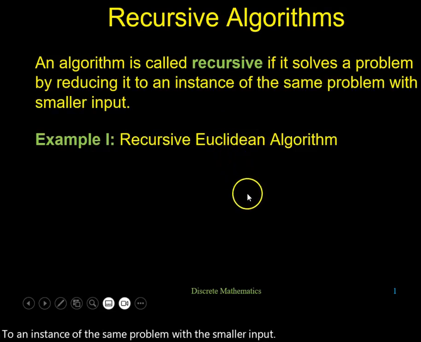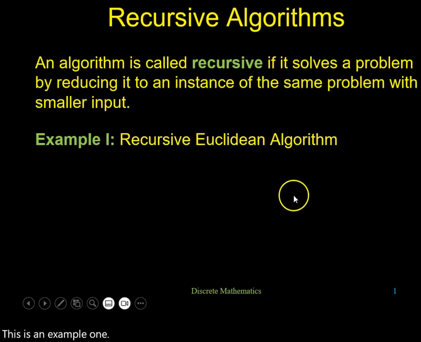As an example one, we'll consider the recursive Euclidean algorithm.